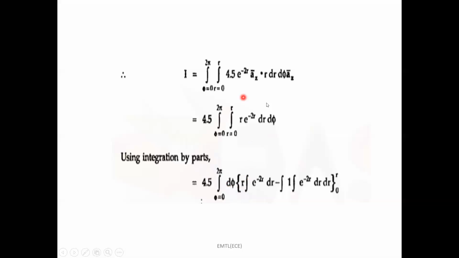Now by applying integration by parts for this r part, r into the integral of e power minus 2r dr, minus the integral of 1 into the integral of e power minus 2r dr into dr, from limits 0 to r.